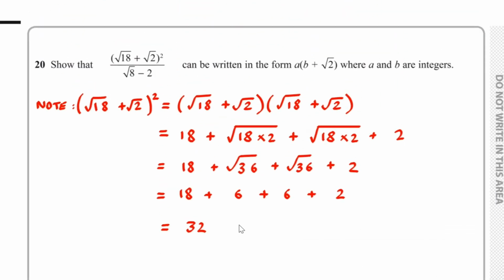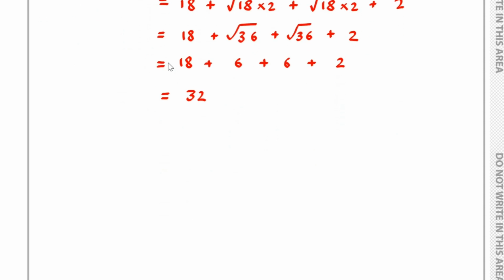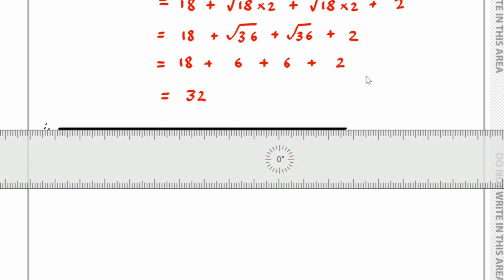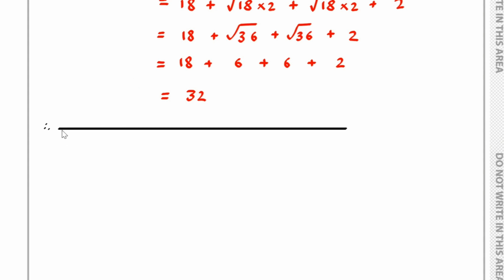Well, what we can therefore say then is the following. We've got root 18 plus root 2 squared over root 8 minus 2.